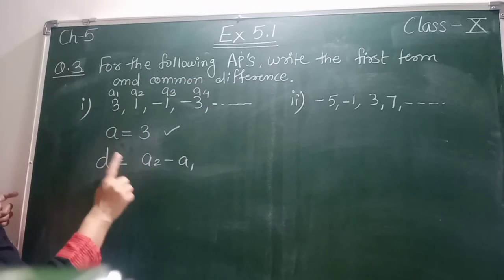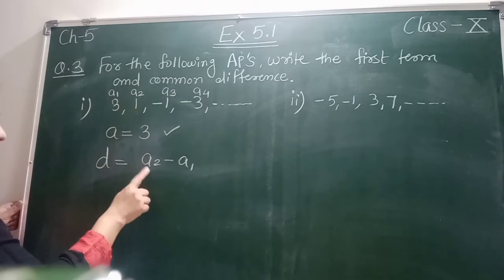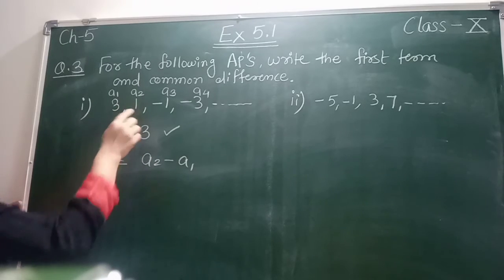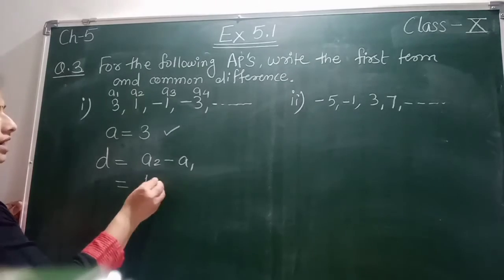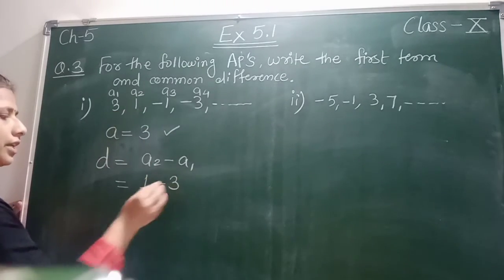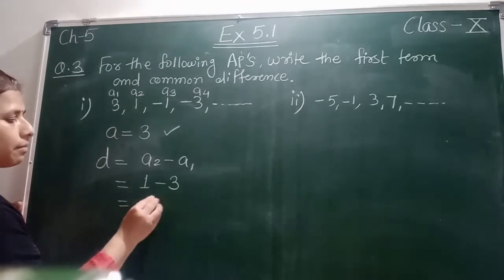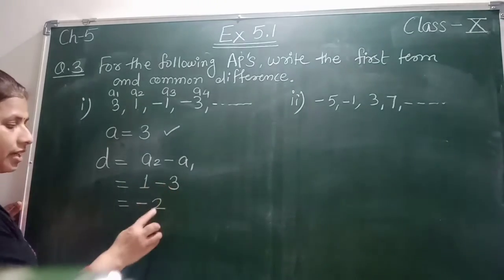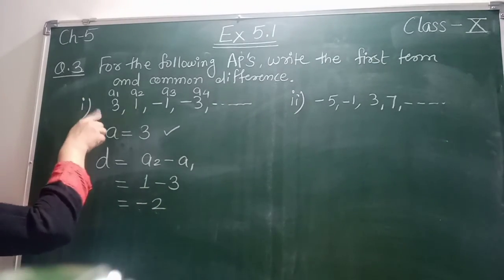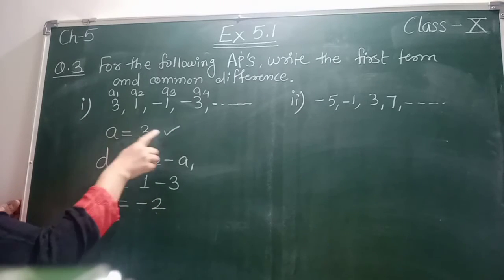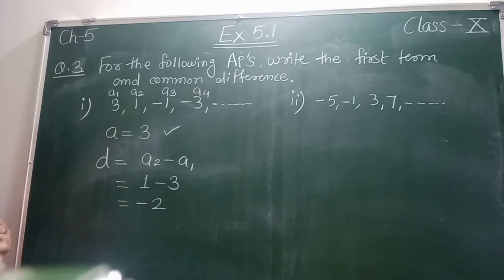Here the second term is 1 and the first term is 3. So our answer will be plus minus minus 2. Minus 2 because the bigger number is negative. So for this given AP, the first term is 3 and d is minus 2.